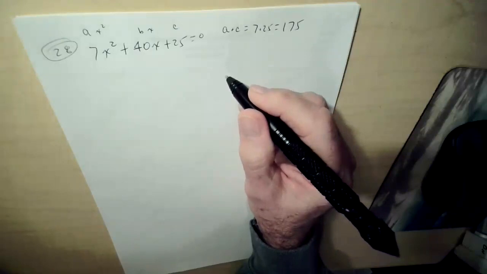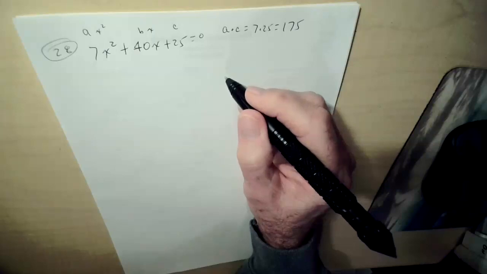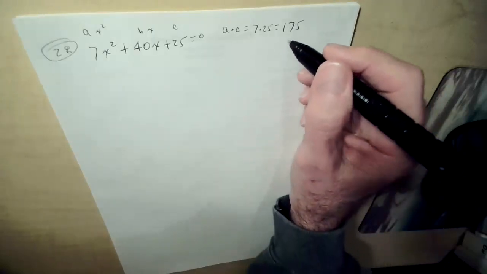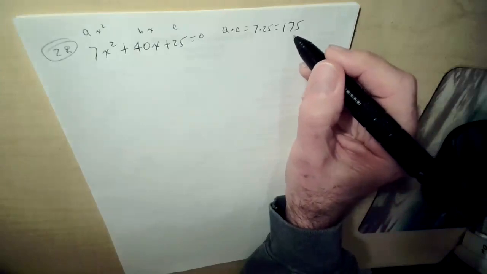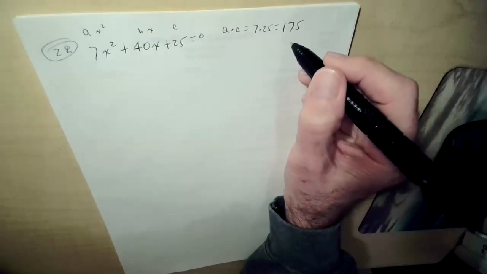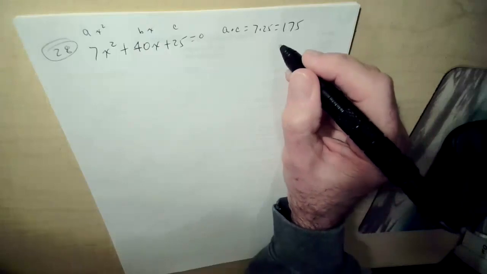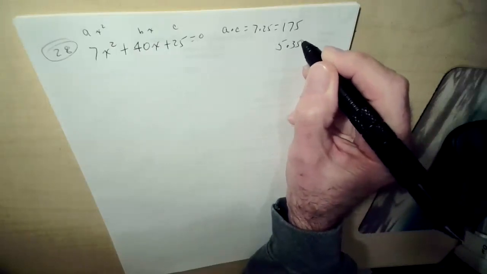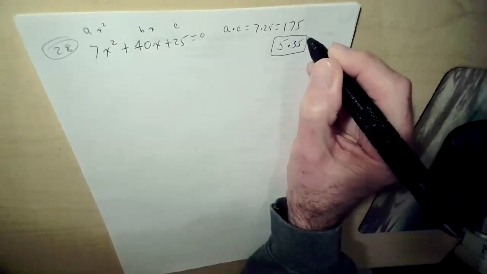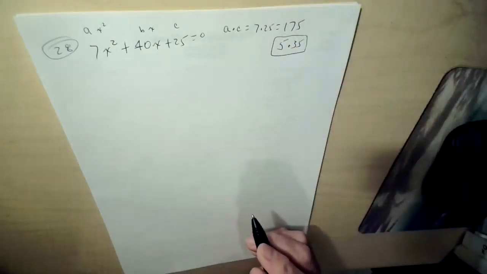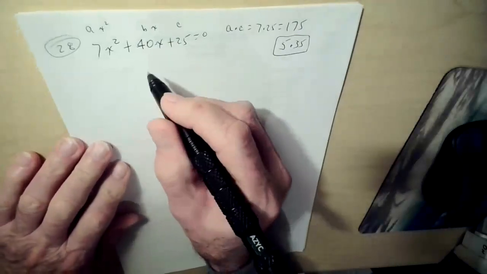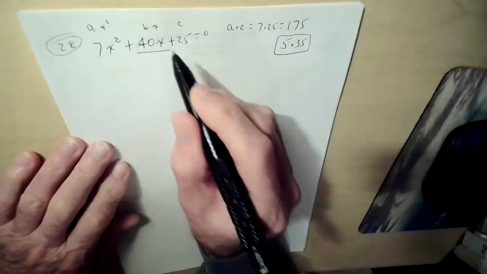I'll tell you, you really only have to go to 5. 1 will go in there, of course. 2 will not. 3 will not. 4 will not. But 5 will. 5 times 35. And there's our factors.